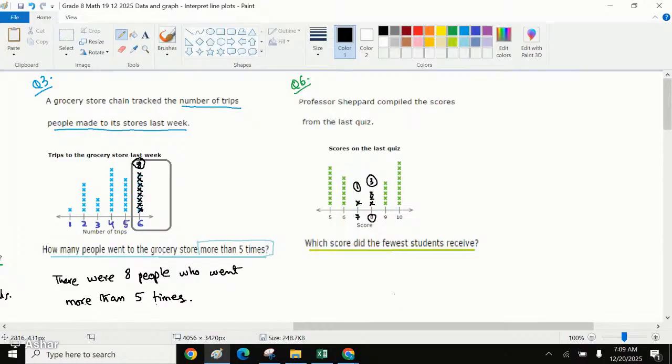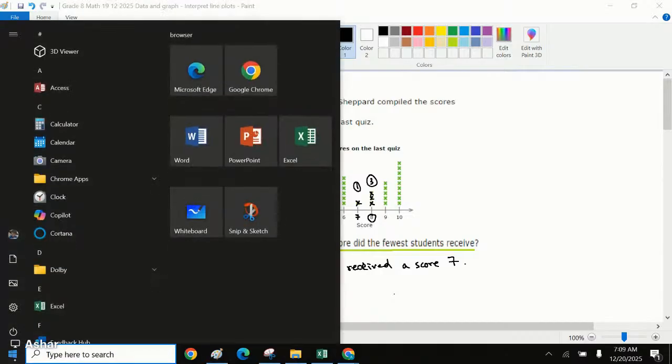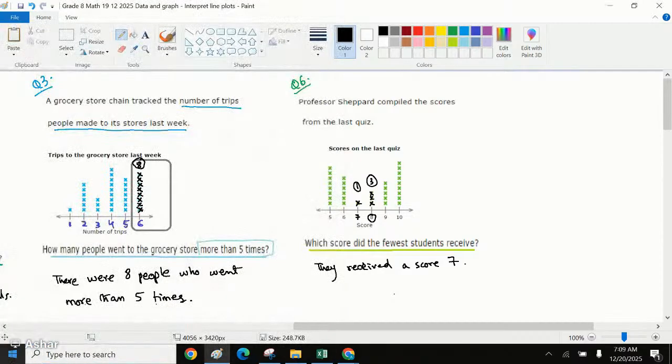So the fewest students received a score of 7. We just need to tell them what the score was.